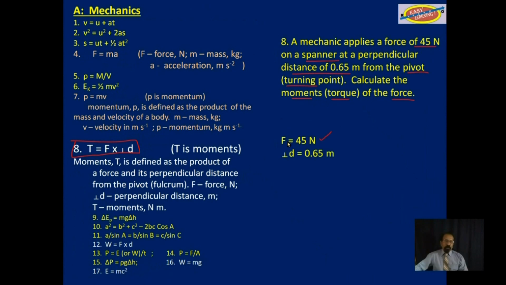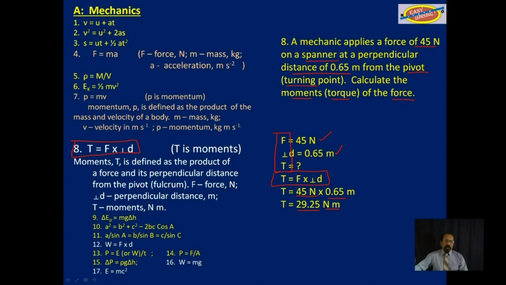Well, we know what the force is, we know what the perpendicular distance is. We want to find moments. We do have a formula with these variables, and it is T is equal to F times perpendicular distance. We substitute F and perpendicular distance, and we get 29.25 Newton meters.